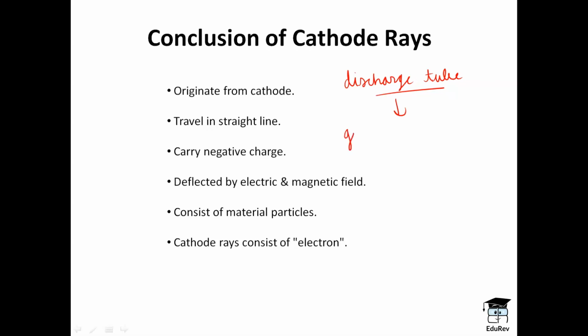Green fluorescent light was observed at the anode, which led to the conclusion that there were some particles inside the cathode rays that were attracted towards the positively charged electrode. Since they were attracted to the positively charged electrode, they were thought to be negatively charged themselves.